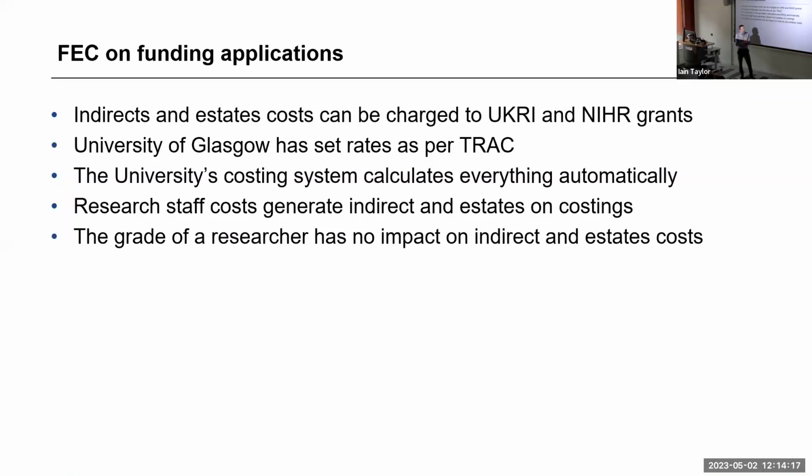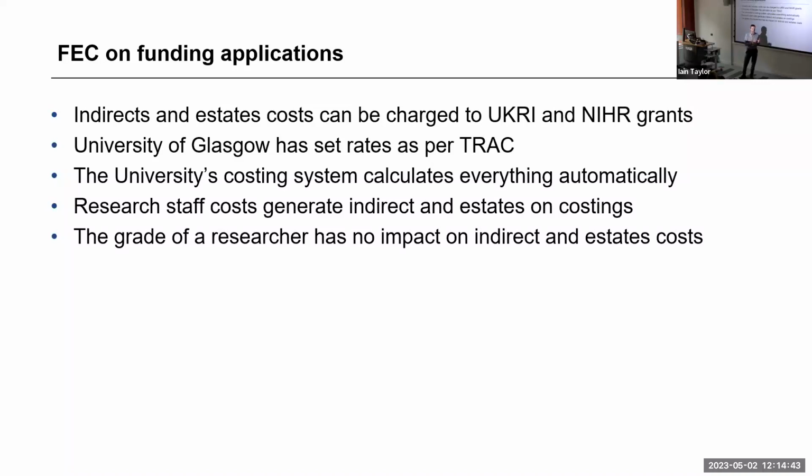A key thing is that the University of Glasgow has its own set rates for calculating indirect and estates costs, and this is per the TRACK methodology, the transparent research costing approach. It might be of interest to know that the school has its own estates costs, which are different from other parts of the college.